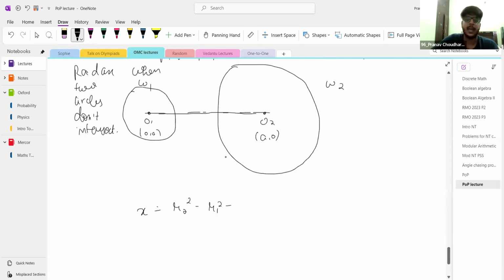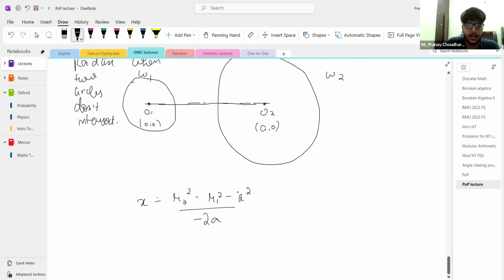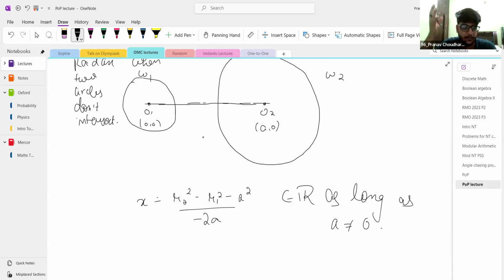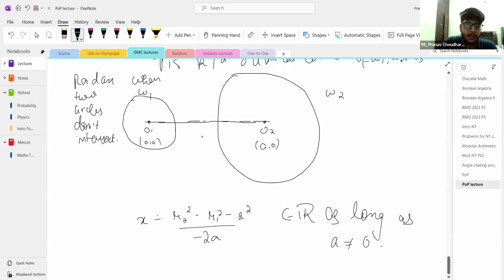According to this, notice that nothing really cancels. My point is x is a real number as long as a is not equal to 0, right? Which means that radical axis must exist in this case, right? And it obviously does, because maybe x is something like here. Some line perpendicular here, I'll take, it lies outside both of the circles, right?